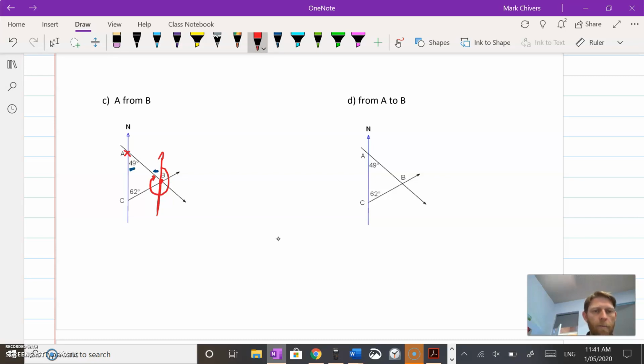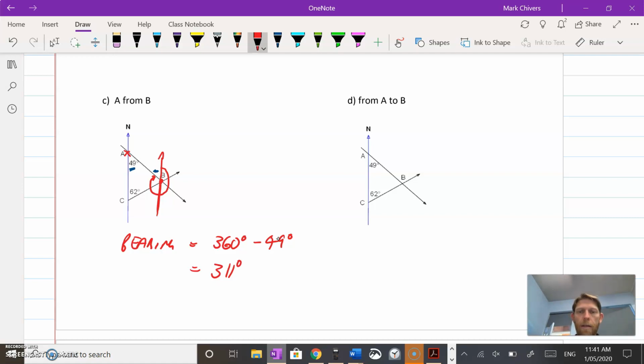So my bearing is going to be 360 degrees minus the 49 degrees, which is alternate there. So that's going to be 311 degrees. That's a terrible degrees symbol. We'll go again. There we go.